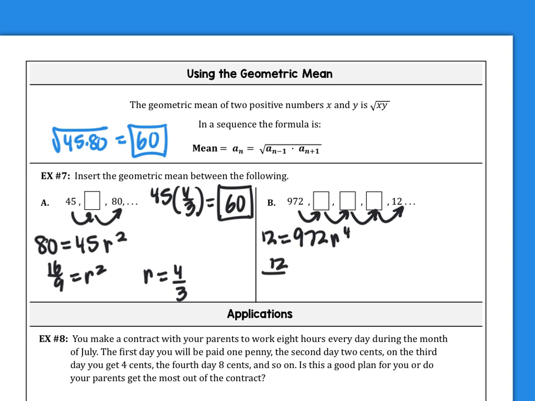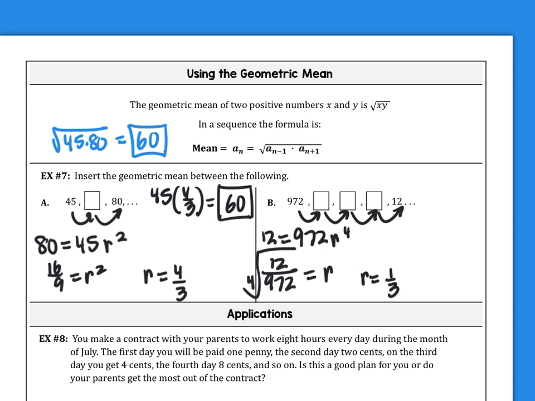So 12 over 972, and then of course we want the 4th root of this to get our r. So that's math, and you tab down to the 5th one there, put your little 4, and then type in your fraction, 12 over 972, and it gives us r is 1/3.